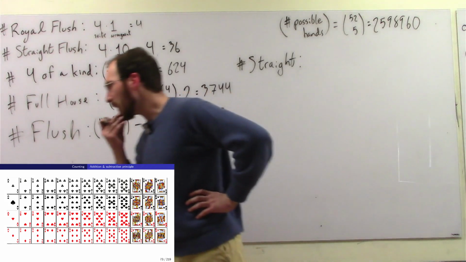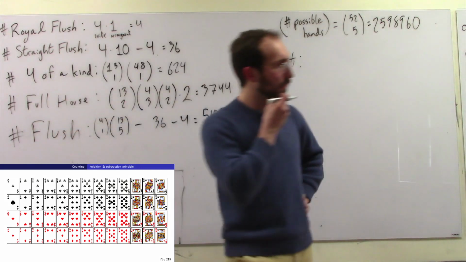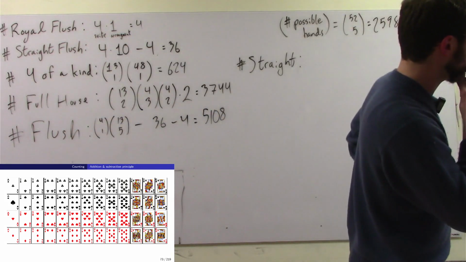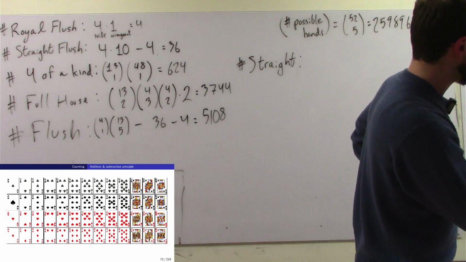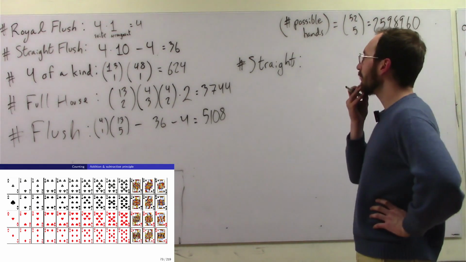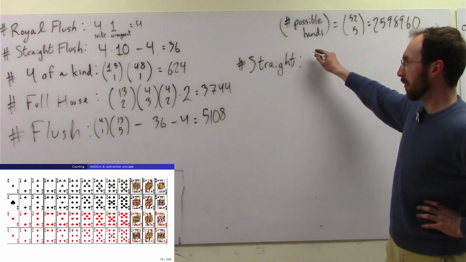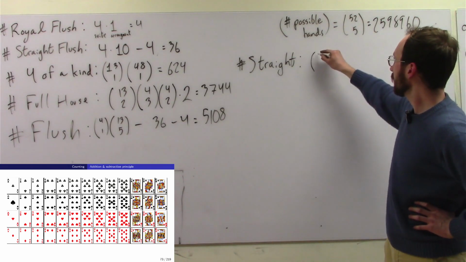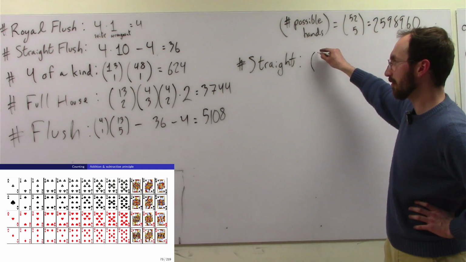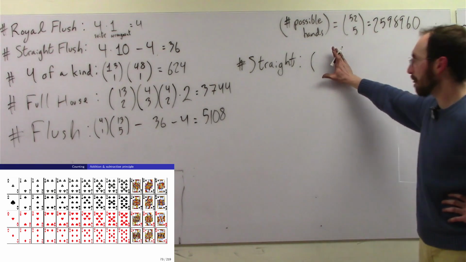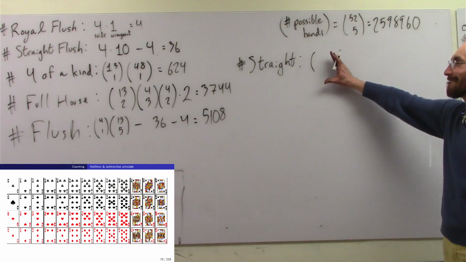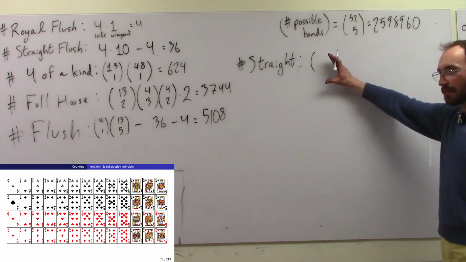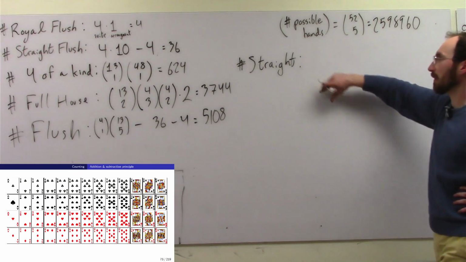What do I want here? I'm going to choose, just think about it this way. Maybe a high card first? I don't know, it's just a suggestion. That's what I would think.